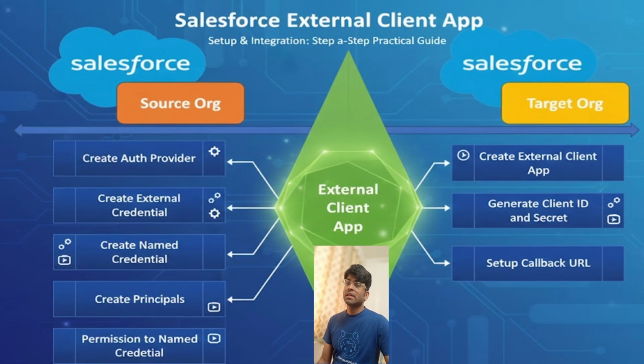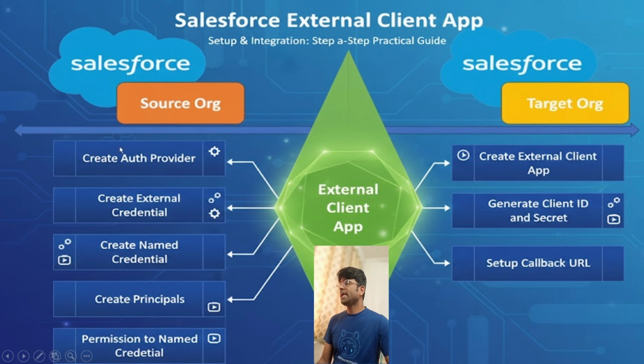Inbound means this target org is the inbound call receiver. Then we'll set up the callback URL. Callback URL means when the source org tries to authenticate with this org, where it will redirect to. The source org is the outbound connection, which means it will make a call to the target org.